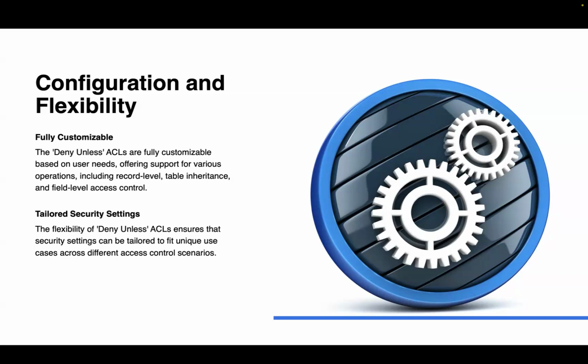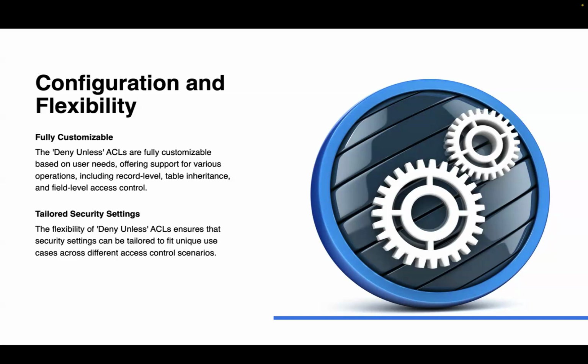Table inheritance in the sense that if something is not specified, say for your child table, then anything on your parent table will apply. Any deny unless ACL specified on the parent table will be applied, which makes it adaptable for different scenarios across the platform. So whether you need record level, table inheritance, or field level control, deny unless keeps us covered. We'll be seeing a couple of simple examples after running through the slides.